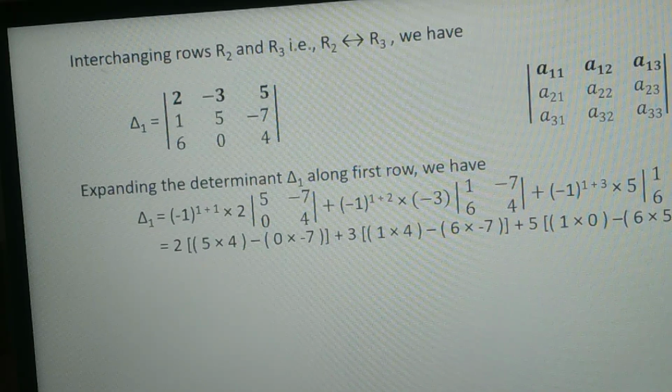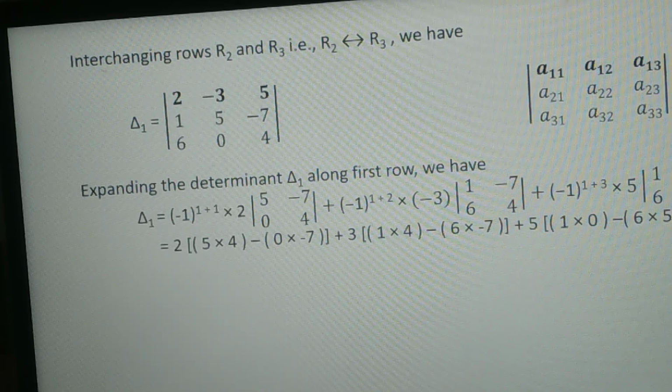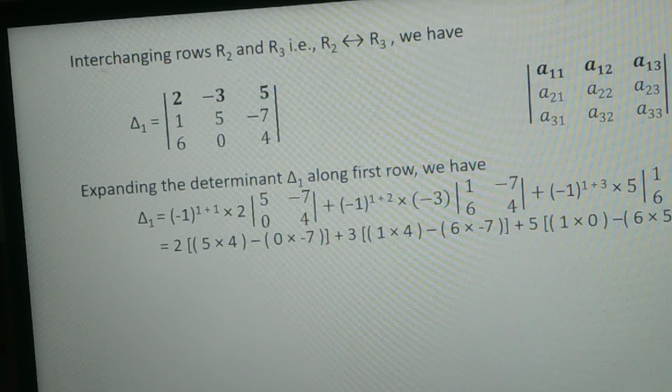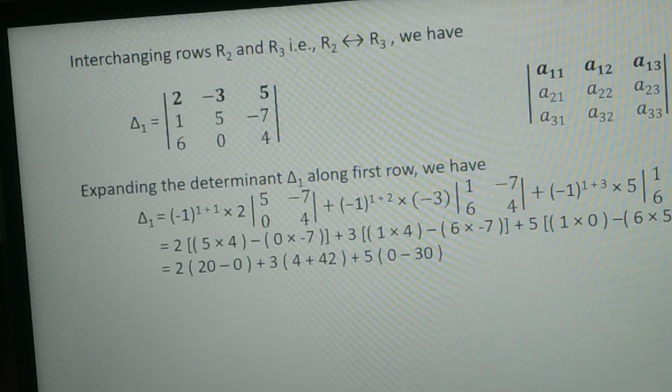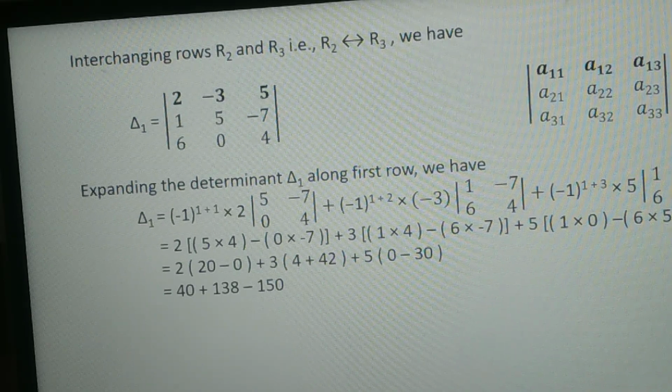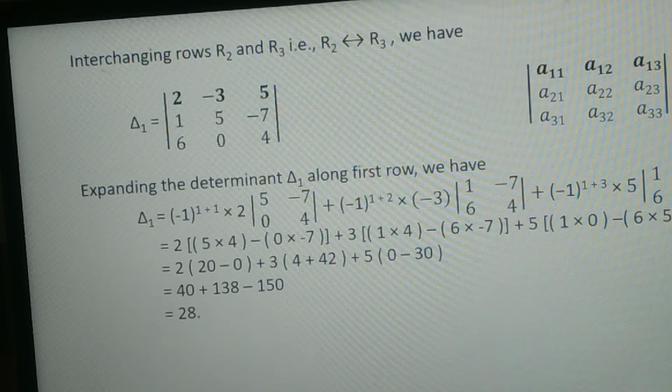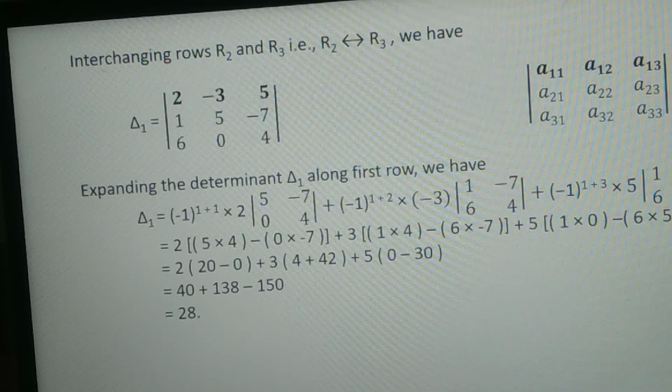which is equal to 2 into (5 into 4 minus 0 into minus 7) plus 3 into (1 into 4 minus 6 into minus 7) plus 5 into (1 into 0 minus 6 into 5), which is equal to 2 into (20 minus 0) plus 3 into (4 plus 42) plus 5 into (0 minus 30), which is equal to 40 plus 138 minus 150, which is equal to 28.